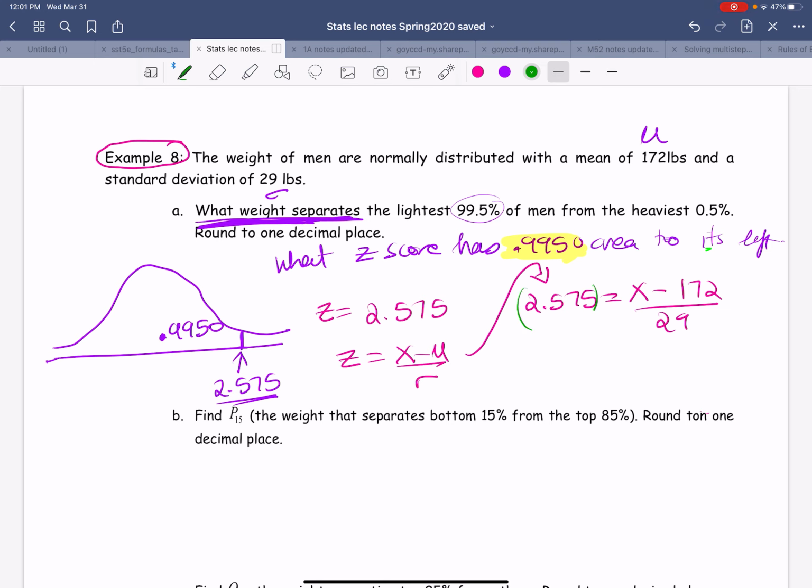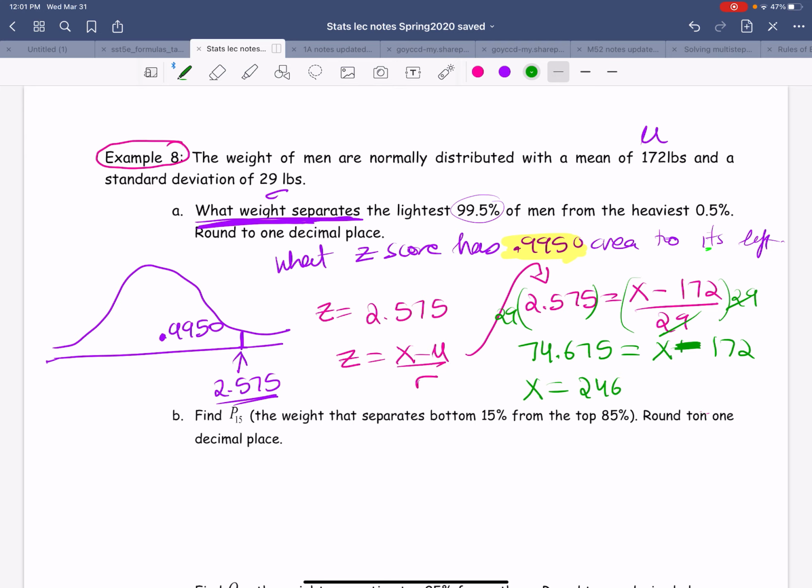To solve this equation, I'm going to first multiply both sides by 29 to get rid of the denominator. 29 times 2.575 is going to be 74.675. 74.675 equals x minus 172, and x would be, 172 will be added to the other side.